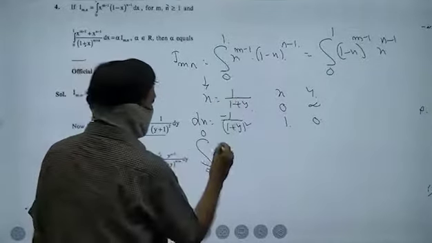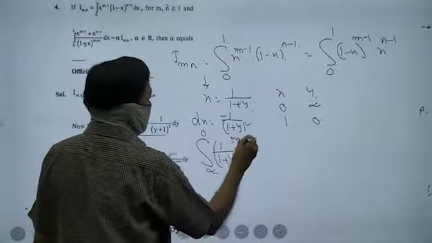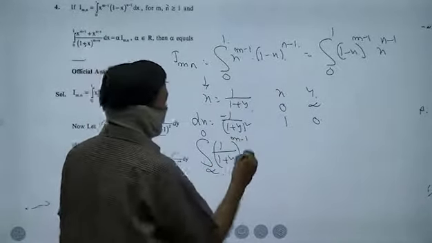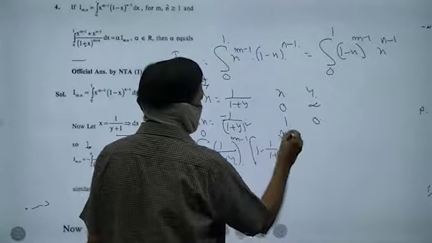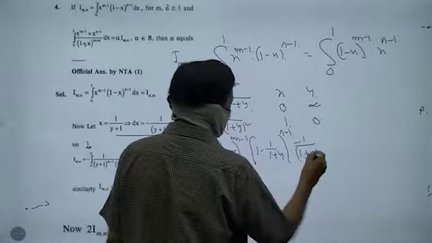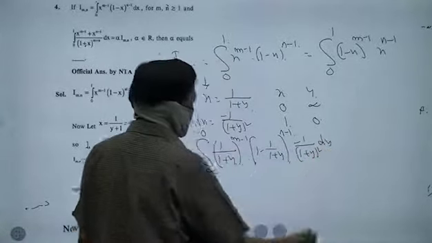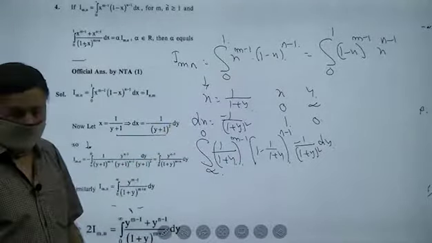This is what? 1 by 1 plus y whole power m minus 1, times 1 minus 1 by 1 plus y, times minus 1 by 1 plus y whole square dy. All this is Imn.